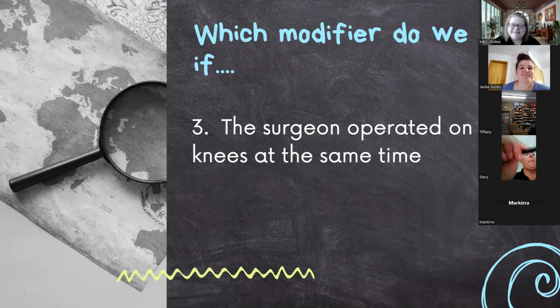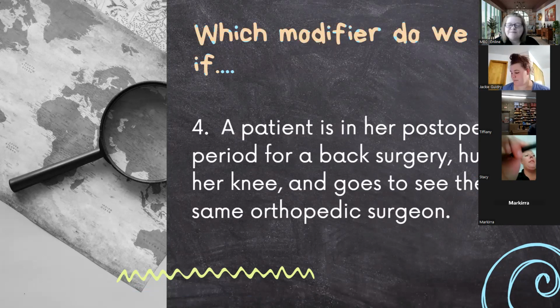Which modifier do we use if a patient is in her post-operative period for a back surgery, hurts her knee, goes to see the same orthopedic surgeon? That is going to be 51. No, is it 78? Is it 55?